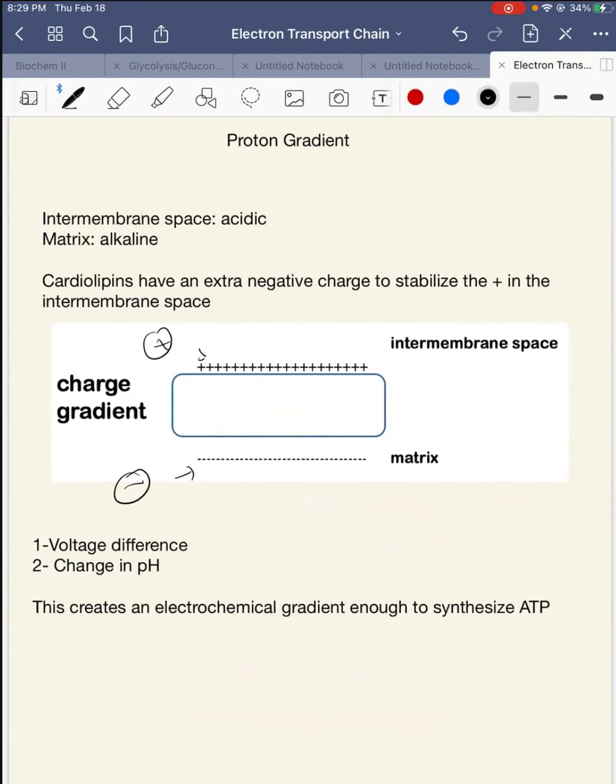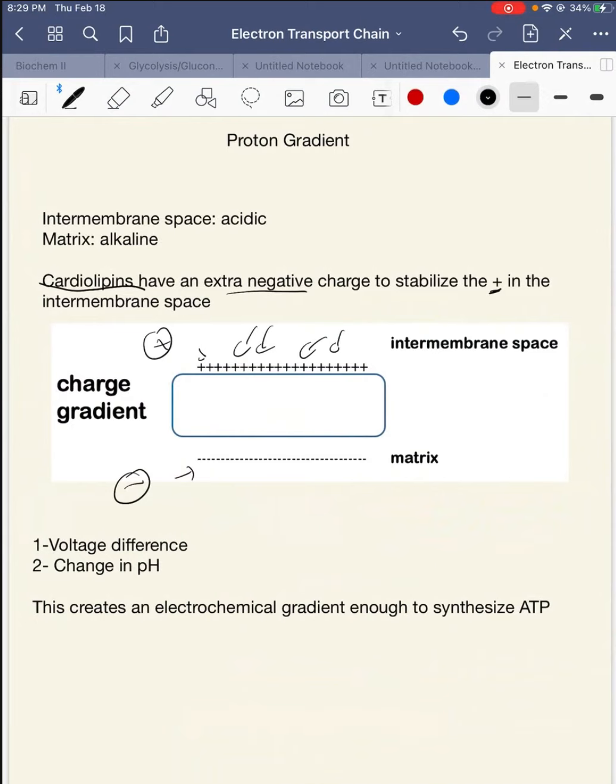Remember, I talked about cardiolipins at the beginning, and I said they have a negative charge in their phosphate groups. Those actually help stabilize those acidic protons in the intermembrane space. So that's one example of how cardiolipins contribute to stabilization of the proton gradient.